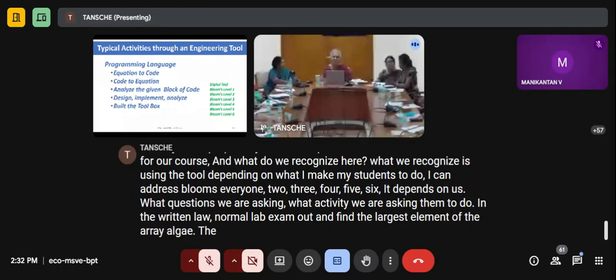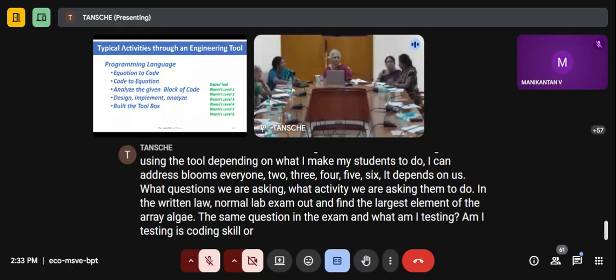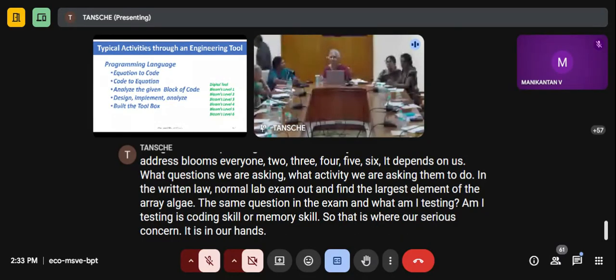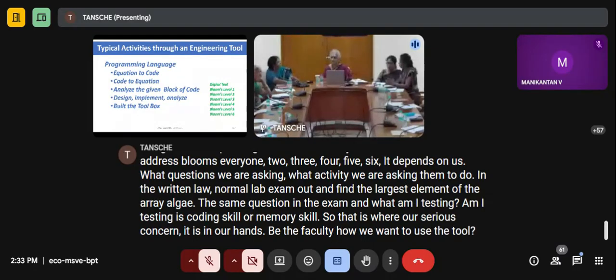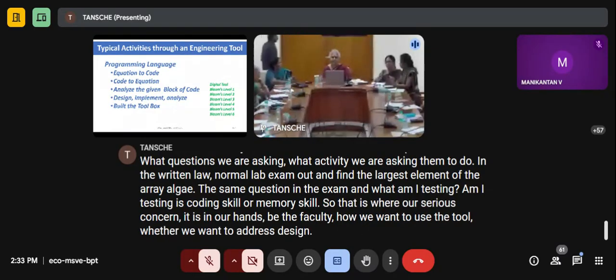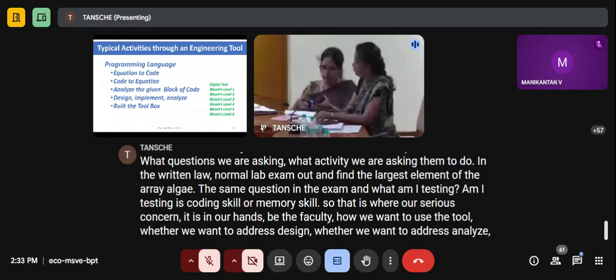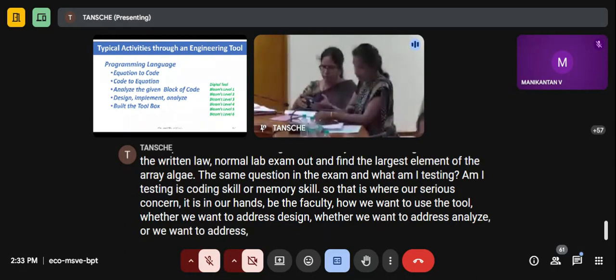What am I testing, coding skill or memory skill? That is a serious concern. It is in our hands, we the faculty, how we want to use the tool: whether we want to address design, analyze, or evaluate. It depends on us.